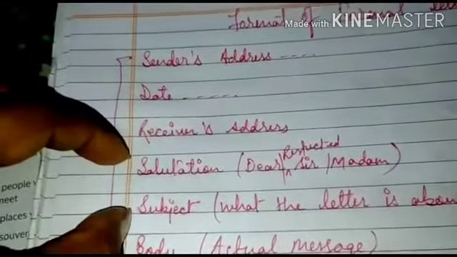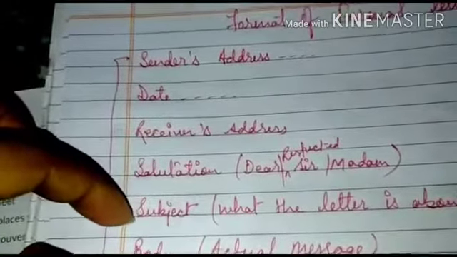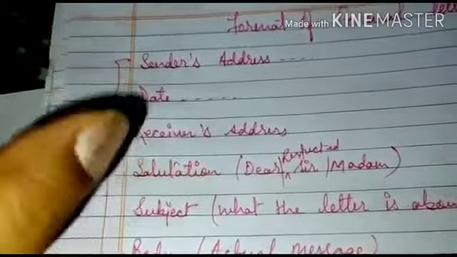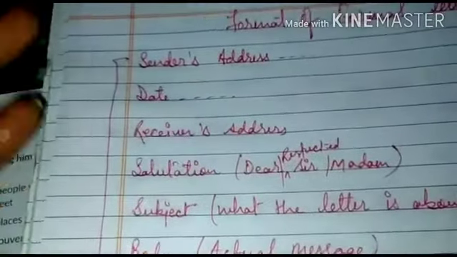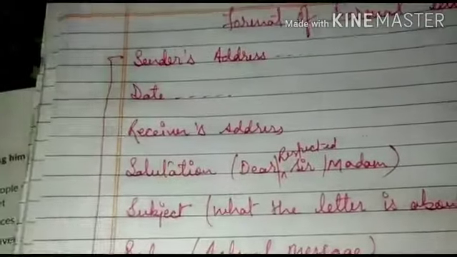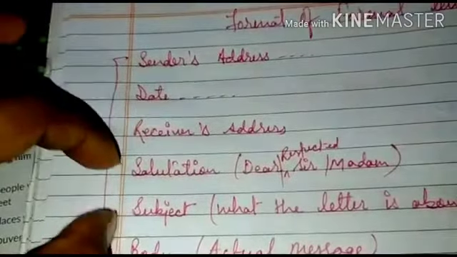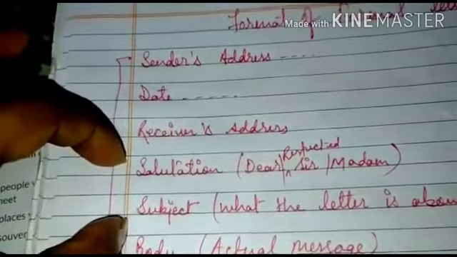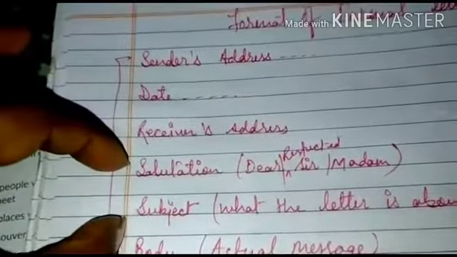But one more thing, if you are giving your subject first and then the salutation, it doesn't mean that your letter is going to be wrong or incorrect. It is just to show that you are updated. That's it, and you can score good marks with this.